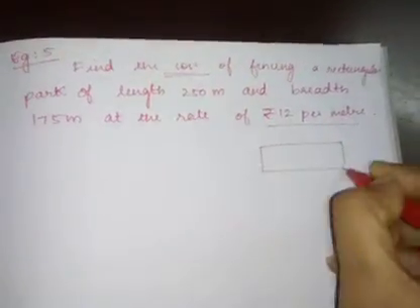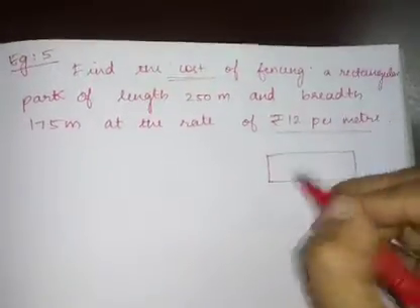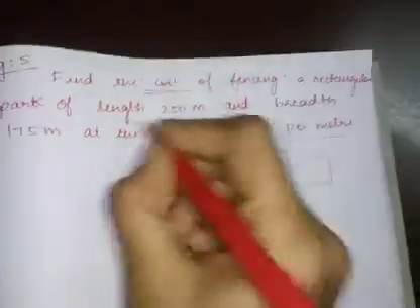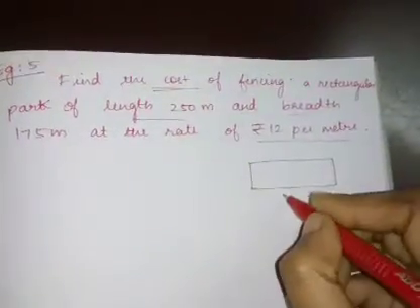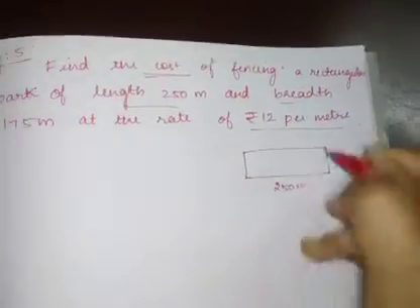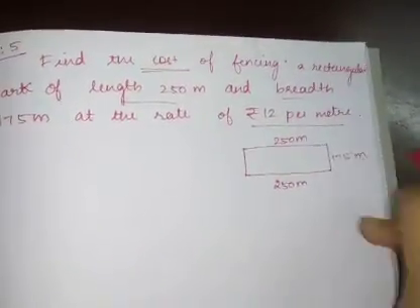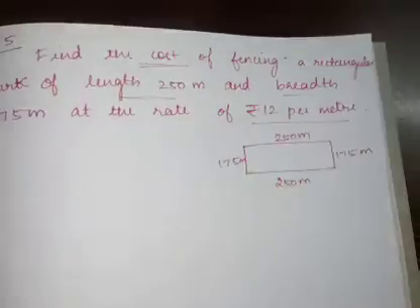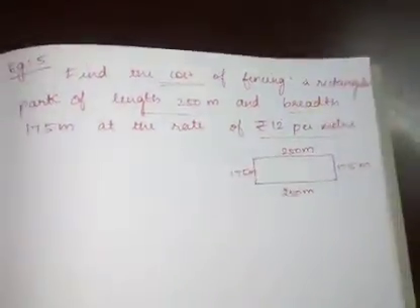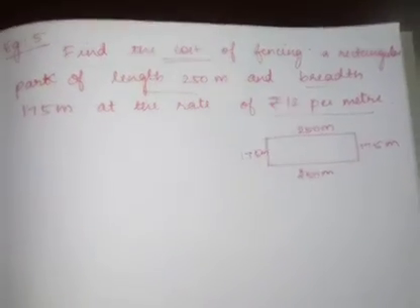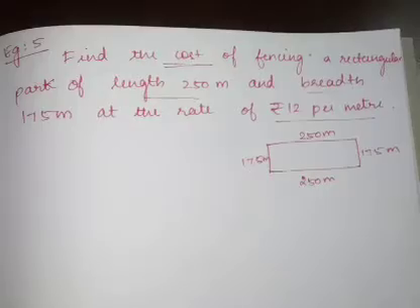What is the shape? A rectangle. What dimensions will the rectangle have? It will have length and breadth. What is the length, children? 250 meter. Breadth is 175 meter. Correct? Now, fencing takes place on the boundary, and boundary is nothing but perimeter.